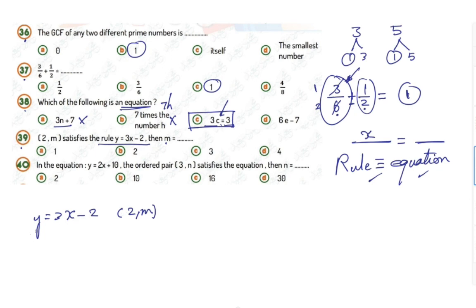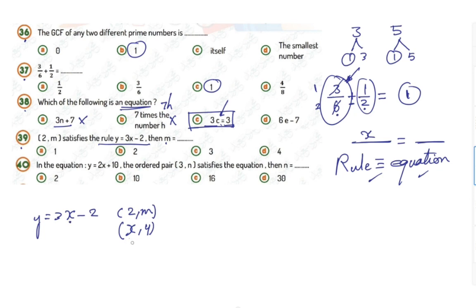Note with me, to satisfy this equation, we have known before that the first number is the independent variable and the second number is the dependent variable. Where is the independent? That's x.